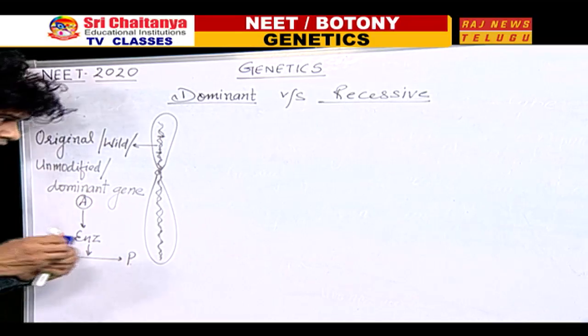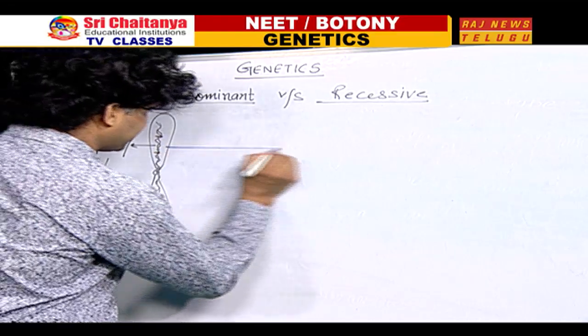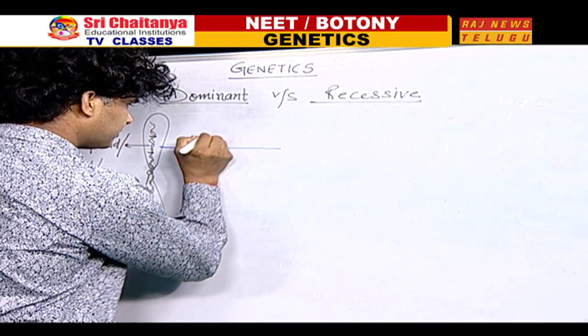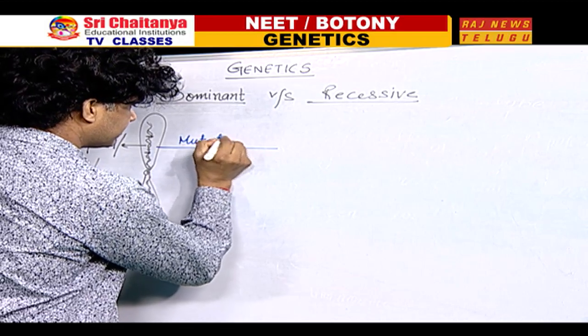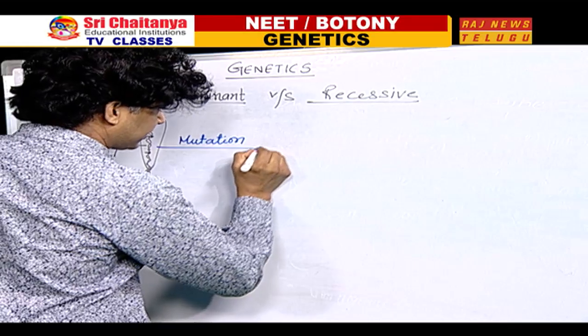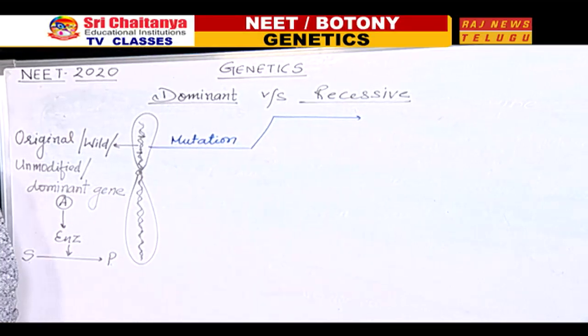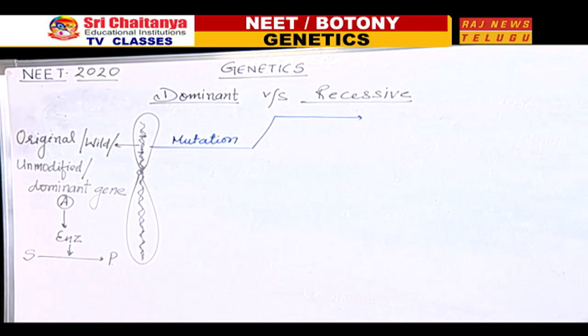Now you all are aware that this gene A can go through the process of mutation. And after mutation, it can give rise to different forms, because we all are aware that mutations are of various types.